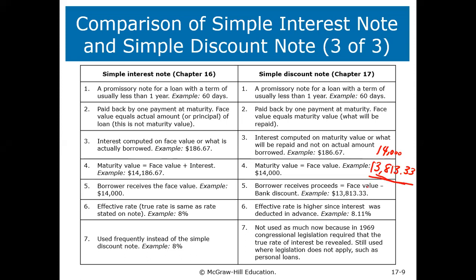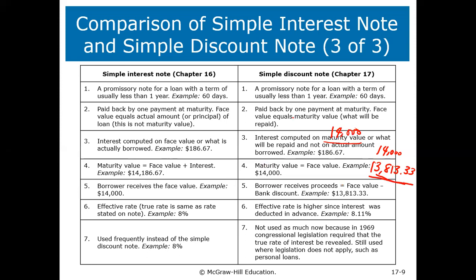Because we might think, since we're getting 13,813.33, then we will have to base the discount on 13,813.33. Wrong. We based it on the maturity value or the face value, which is 14,000. The 13,813.33 is the proceeds. It's what you will get at the beginning of the transaction.